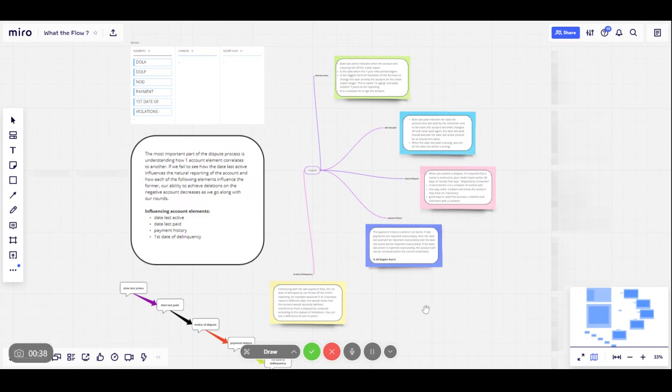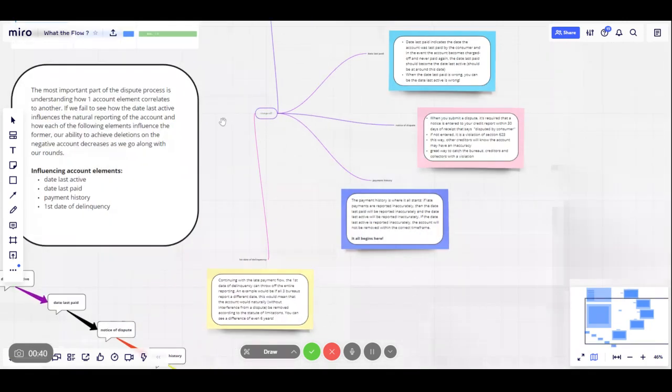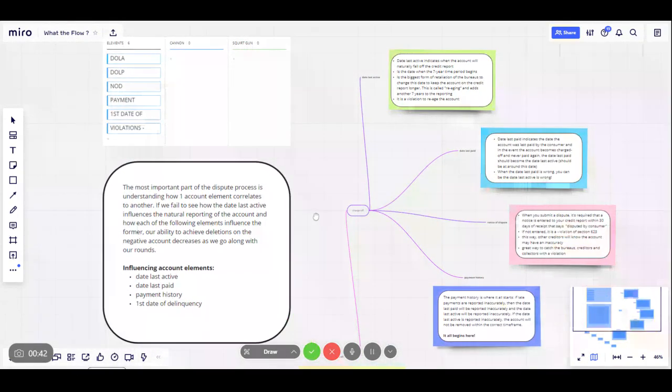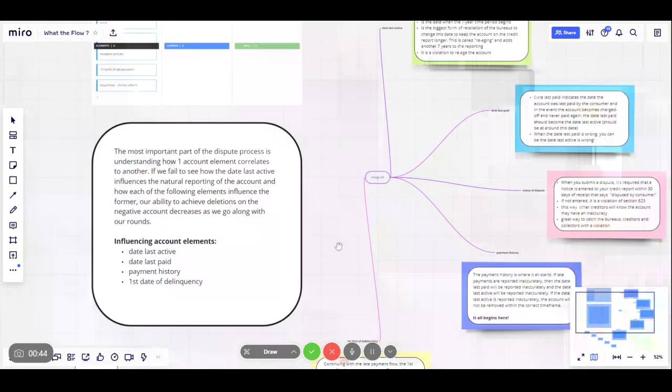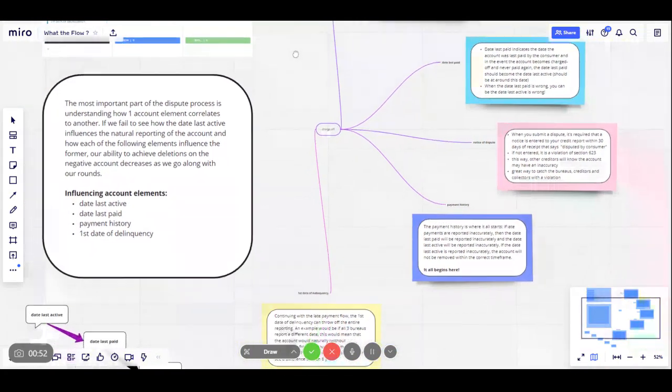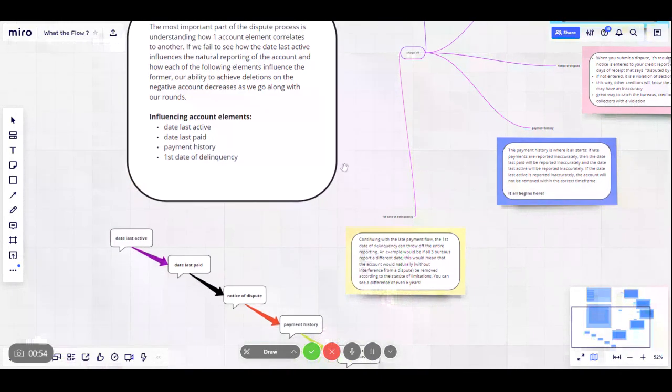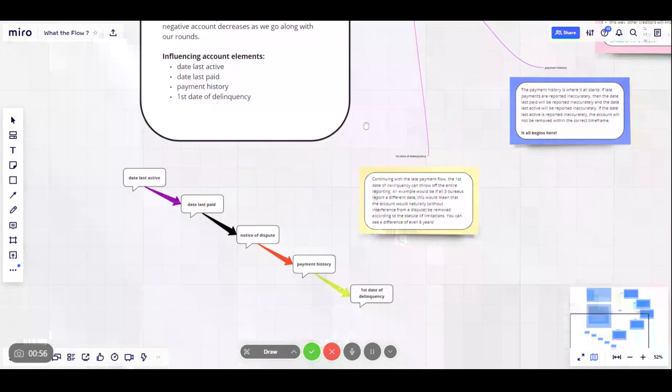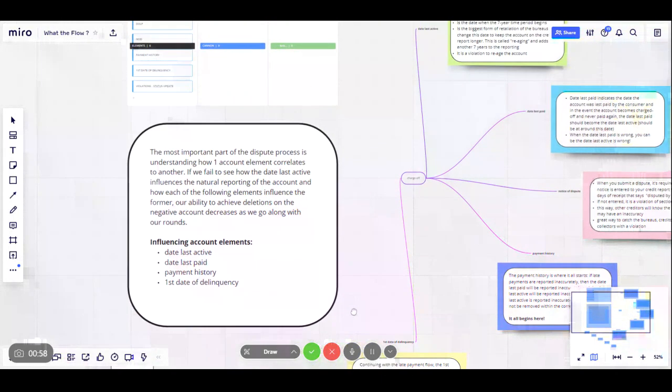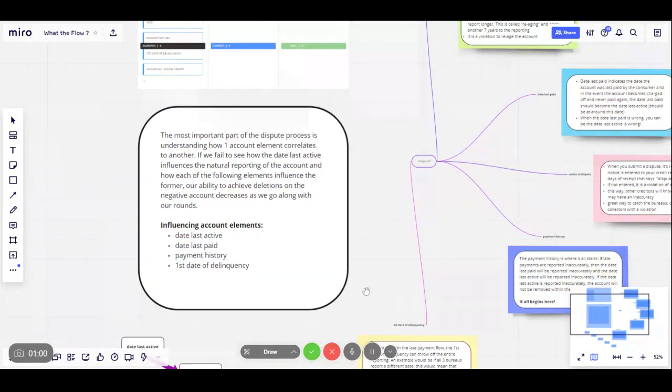So let me just make this a little bit bigger and let's go here first. Okay, so there's only four parts to this, and there's just a description, and then we're going to look at 5 different dispute reasons and how they correlate, and this goes with my previous video on the flow. So, the most important part of the dispute process is understanding how one account element correlates to another.